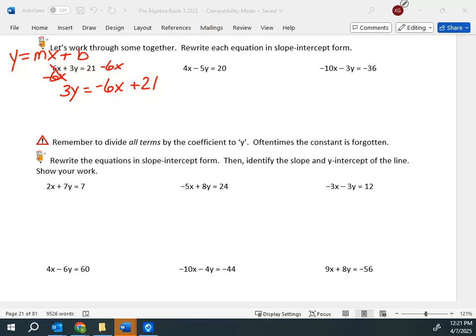So I need to divide each of my terms by 3. Because what I want is just a y here. So if I divide 3 by 3, it brings me down to the 1. So I'm left with just y.